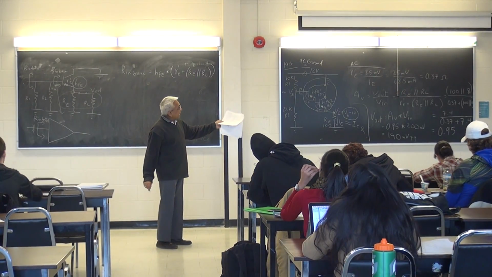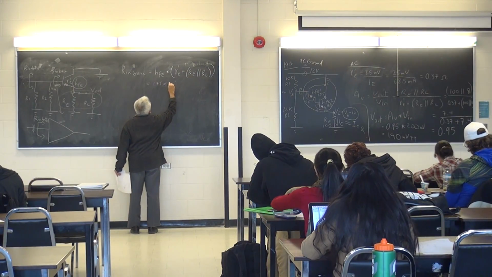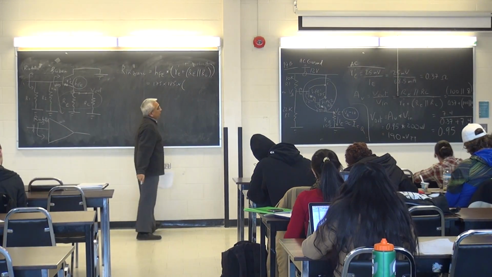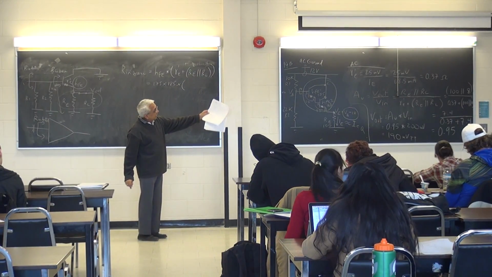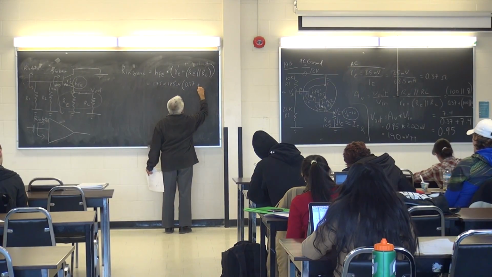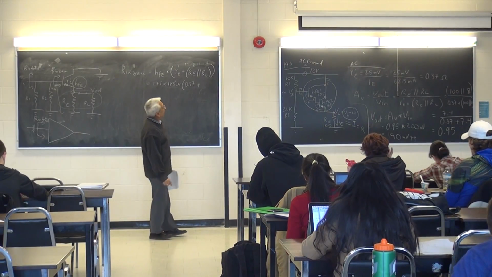So what do I do? I multiply 175 by 185 multiplied by R prime E, 0.37, plus RE in parallel with RL, 7.4.